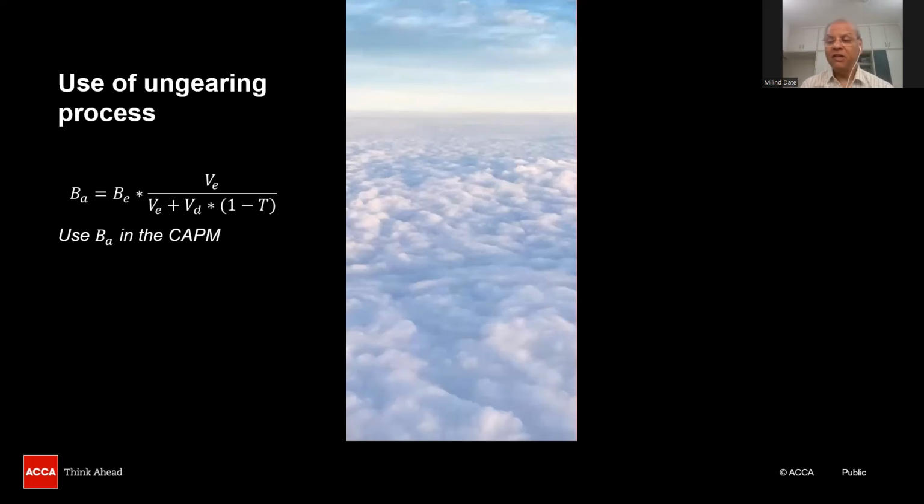This information is available to you from a proxy company viewpoint. You have to take that, calculate the ungeared beta, and input that in the CAPM formula as such.